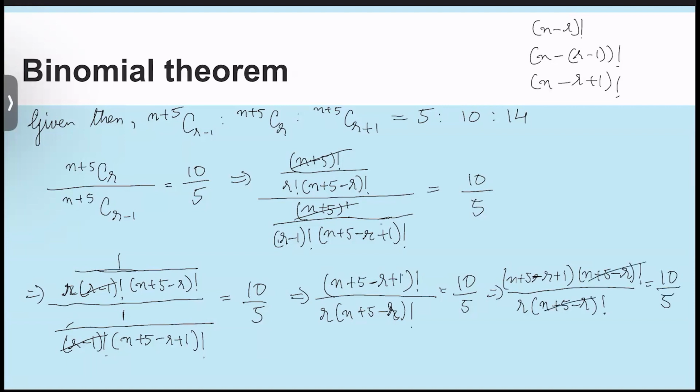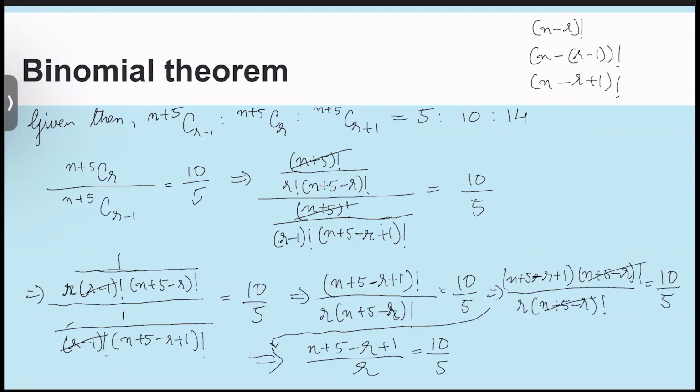So again this and this will get cancelled. So what you are left with is n plus 5 minus r plus 1 upon r is to 10 by 5.